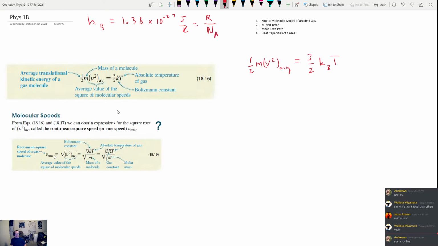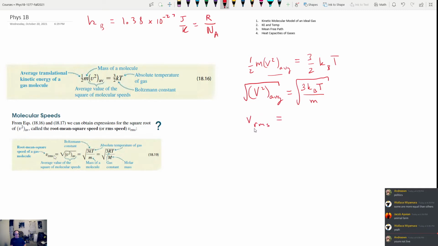Okay? And what we can do is solve this for the average of v squared. If we do that, the halves cancel out, so you get the average of v squared equal to 3 kB T divided by little m. It turns out that if you take the square root of the average of the squares of the velocities, that generates something we call the RMS velocity, V_RMS.